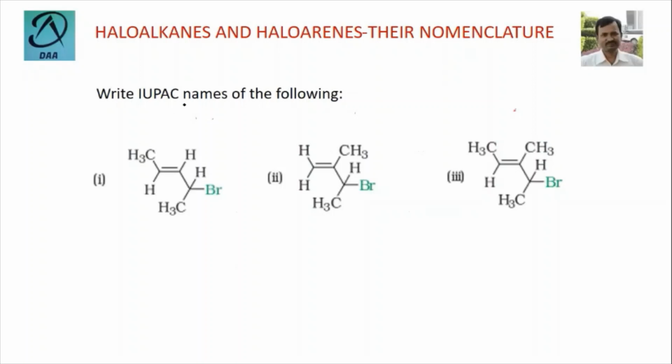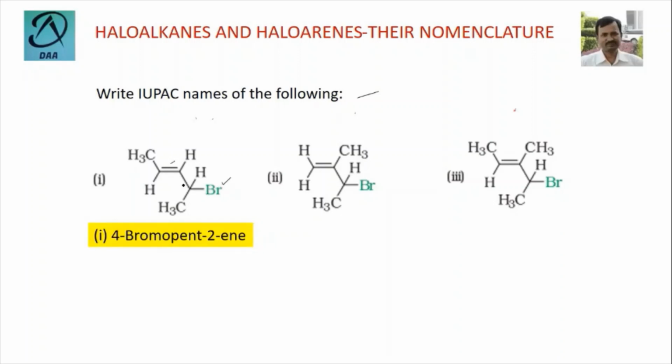Now write the IUPAC names of the following. There are 3 structures. In the first case, as per the IUPAC system, you always have to see the position. This is the position of the double bond and this is the bromine atom attached.